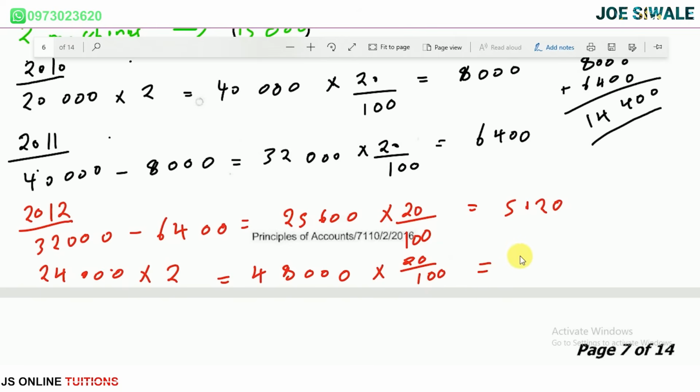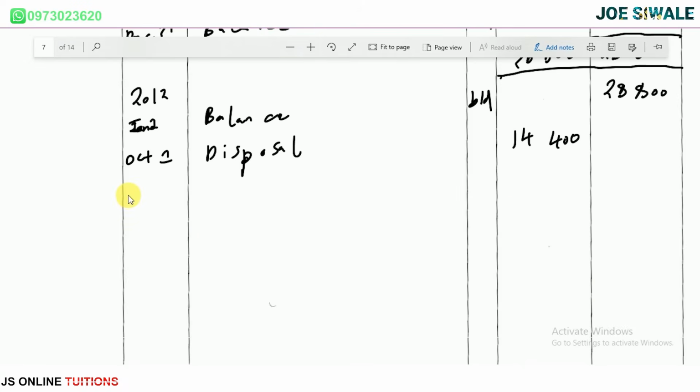And our answer there is 9,600. So the depreciation for the year 2012 there, we're going to add 5,120 plus 9,600, and we're going to have 14,720. So we can say that 1st December there.